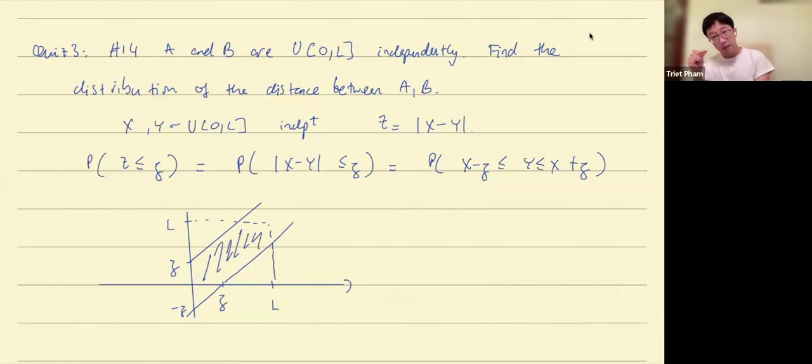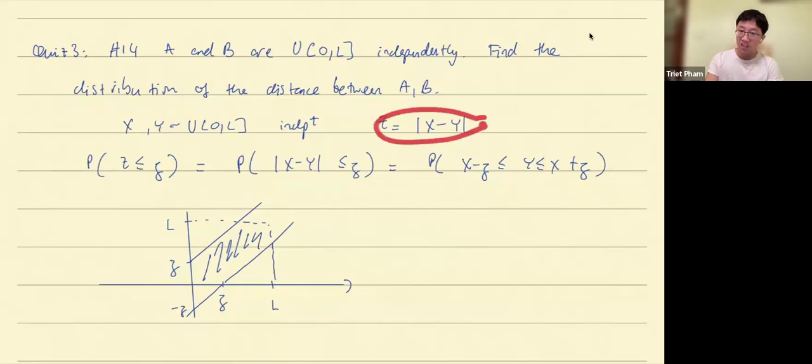Well, one thing I did not consider, which is very important, is that I should look at the support of big Z, because that will influence what values of little z I plug in here.